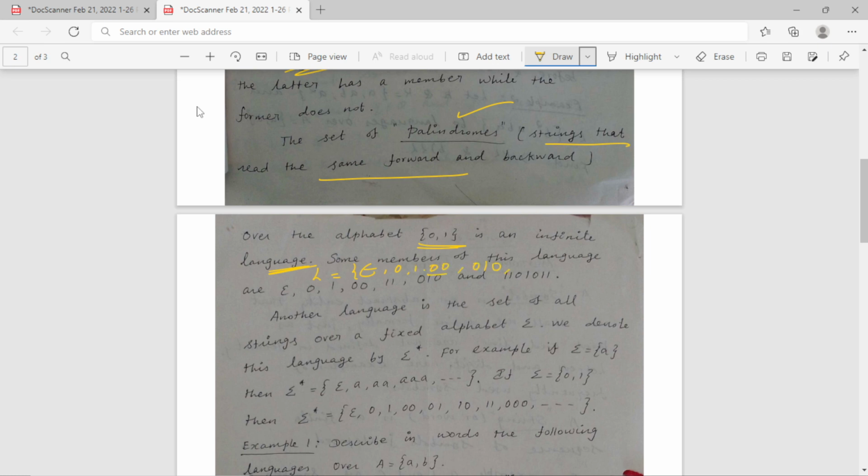If you read it both forward and backward, you get the same string, right? Like that you can give so many different possibilities. So it is an infinite language.